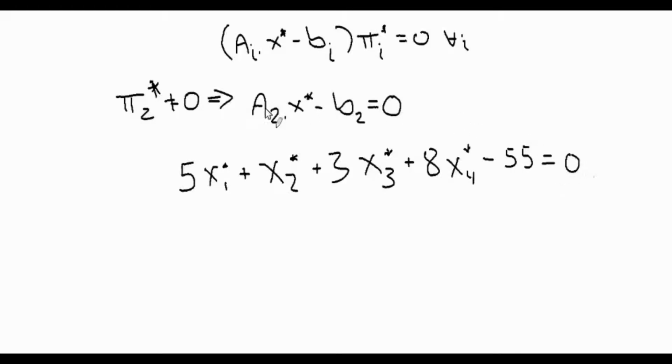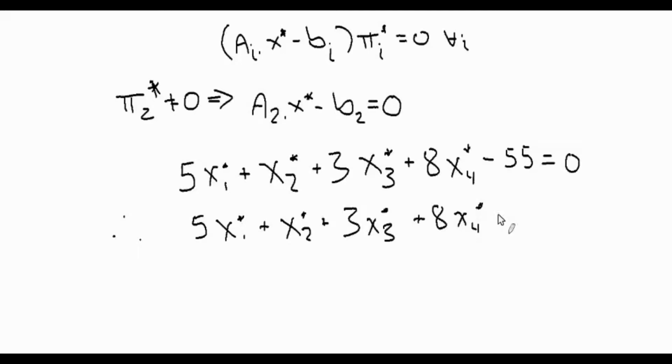That's just writing this out with the details of our problem. Therefore, 5x1 star plus x2 star plus 3x3 star plus 8x4 star is equal to, just bring 55 to the right-hand side, 55, and that's the answer.